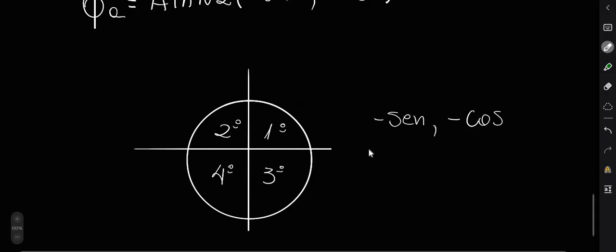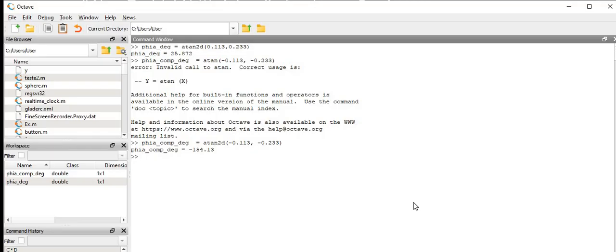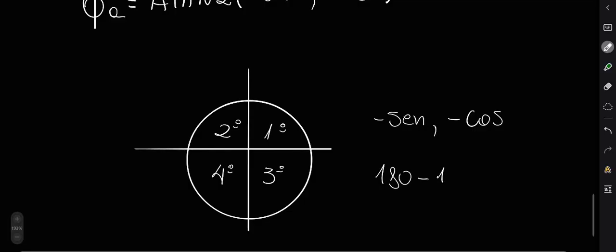Because if we did clockwise, we would use 180 minus 154. And this is wrong right here, as this is anti-clockwise.